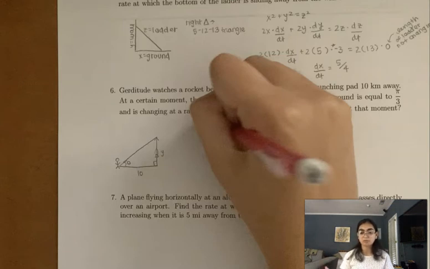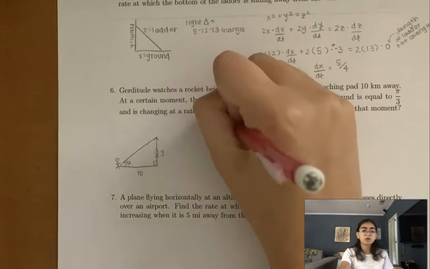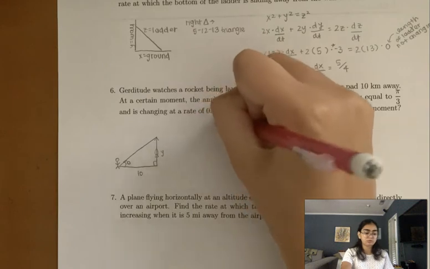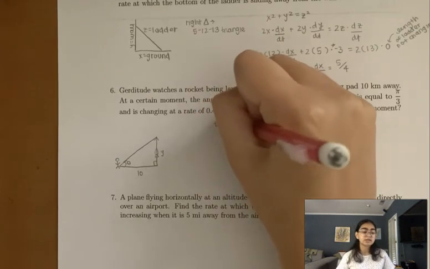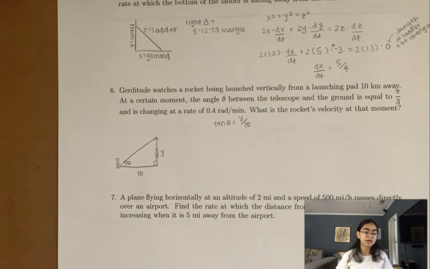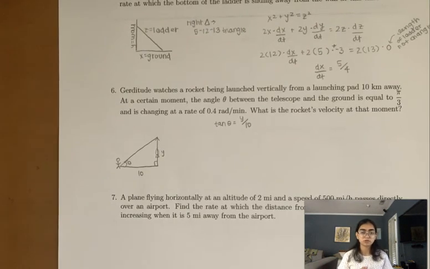So we have opposite, and we're given the horizontal distance between Gertitude and the launch pad, which is an x value, the horizontal value right here. So that's adjacent. So our original function that we just located is tangent of theta equals y over 10. Very straightforward, if you know your SOHCAHTOA rules.